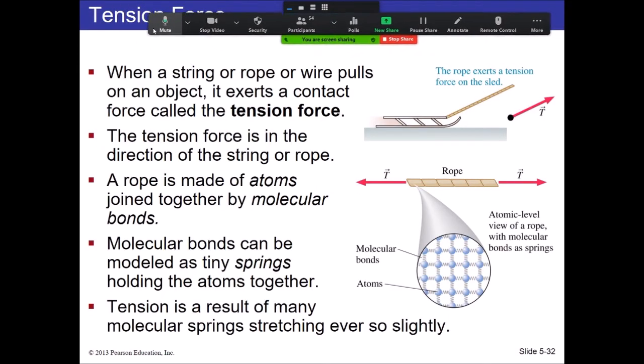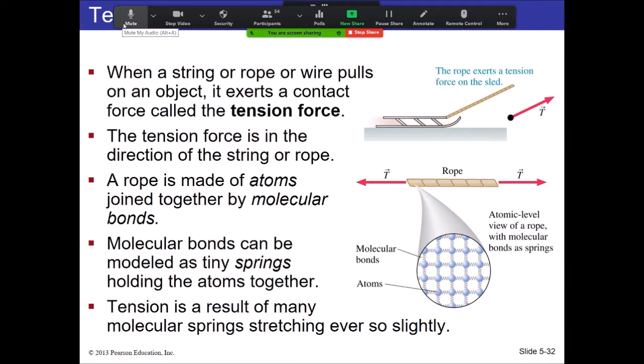Tension. This is a big one. Tension is typically something that's exerted by a string or a rope or a wire. It usually happens at a point of contact, not a broad contact. So when you're trying to determine if tension exists on an object, it's because there's a point of contact where there's a force exerted, like they're showing the rope pulling the sled here.